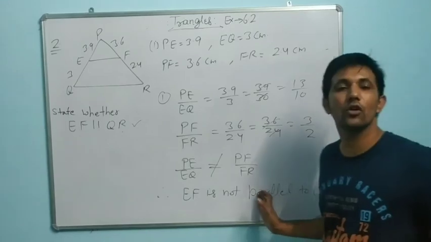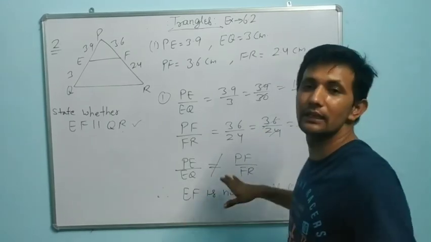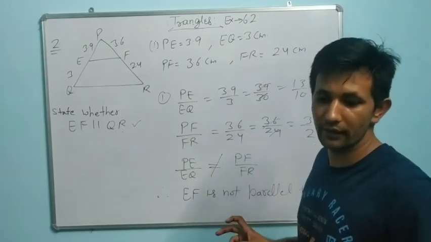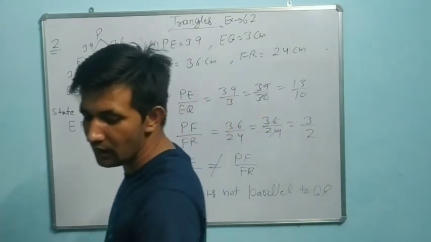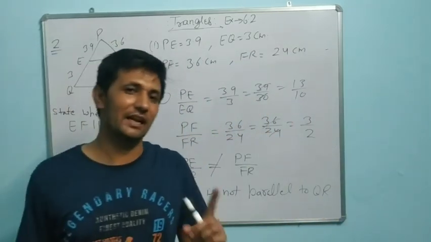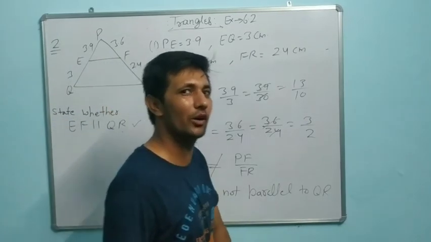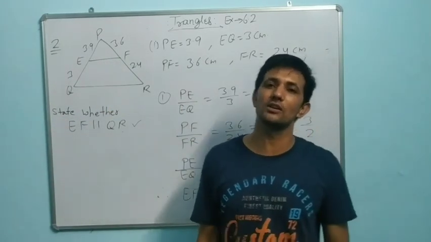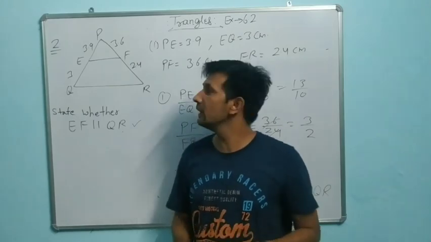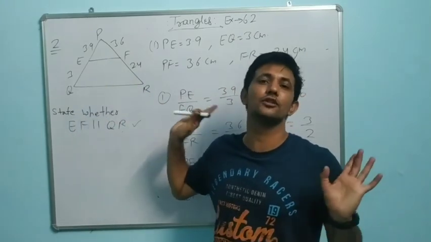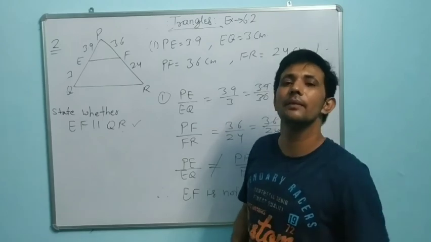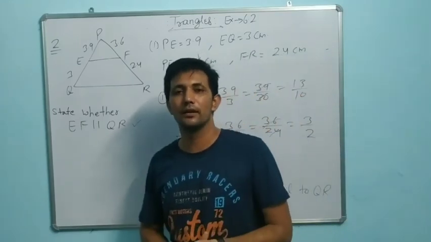But the ratios are not equal, so we can say that they are not parallel. Okay, dear, understand? So the first and second question you have to do yourself. We have already finished. Only two things you have to remember: Thales theorem and the converse of Thales theorem. Thales theorem means if a line is parallel, then the ratios are the same, and if the ratios are the same, the line is parallel. So thank you, dear. Have a nice day.